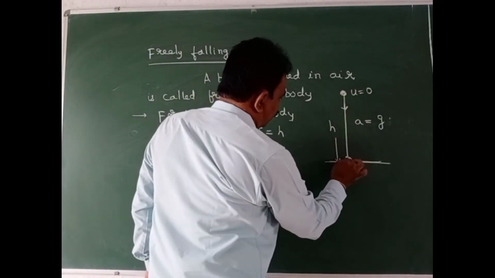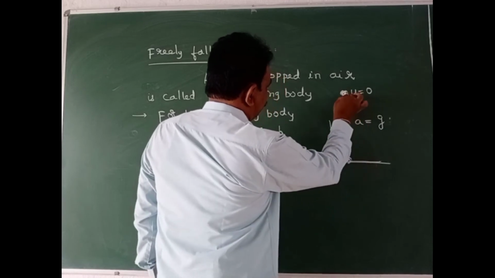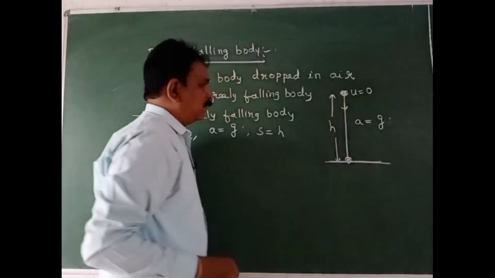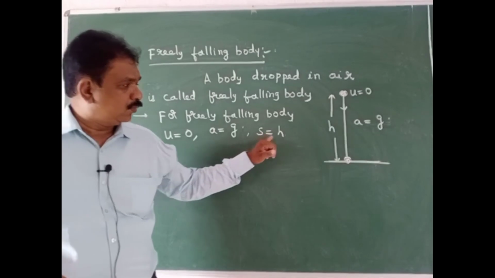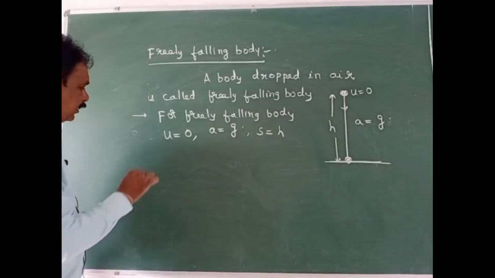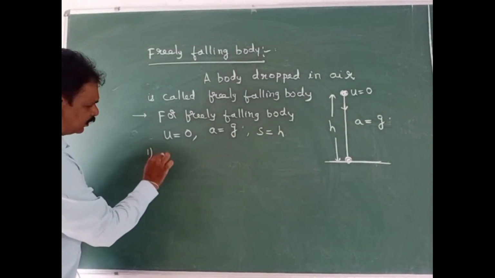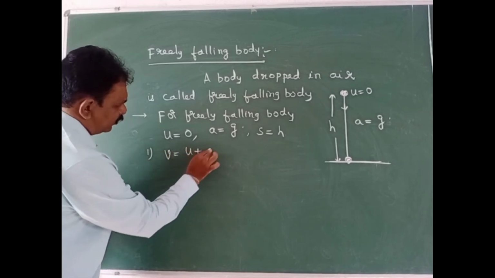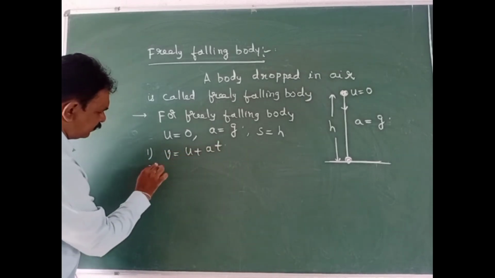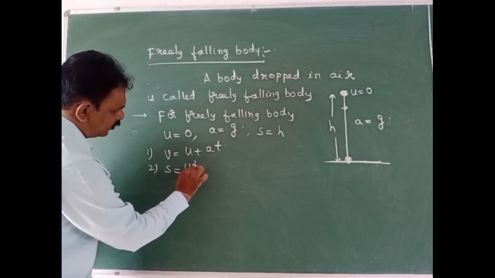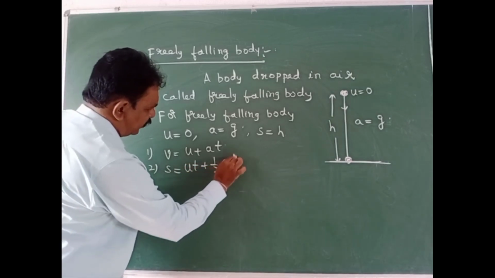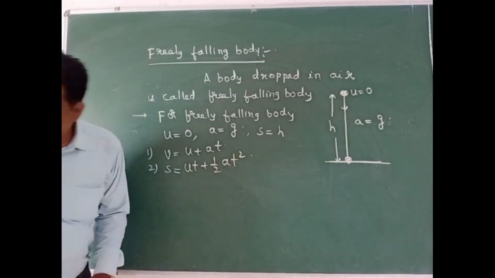This body dropped here, it came to here. So s value is equal to h. So then equations of motion, v is equal to u plus at, s is equal to ut plus half at square. We'll write here.